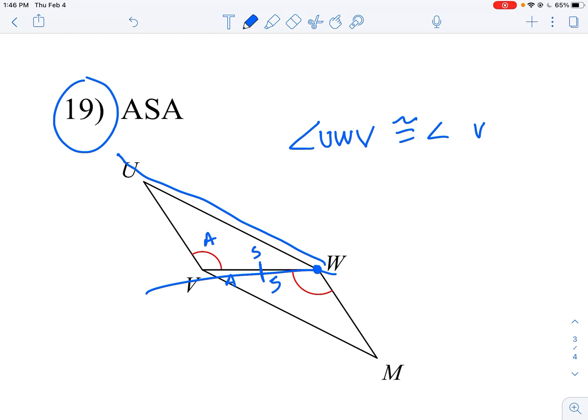So when you write out the letters, it draws the angle. U, W, V. So when I say those letters, it draws the angle. And that's how you write out the name of an angle using 3 letters, which is necessary in some situations. So go ahead and write down the name for this angle here on the right, and see if you can get it right.